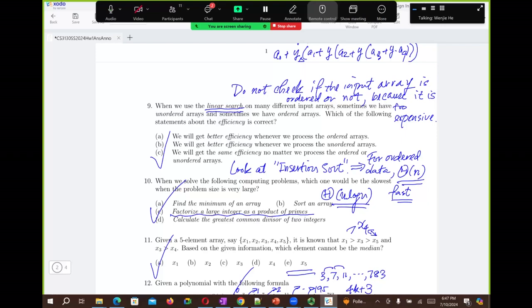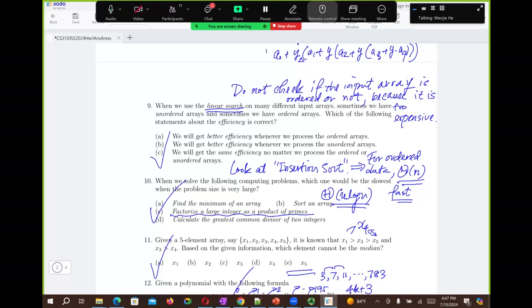Another question: why did we ignore x1 again? Oh yeah, I remember that question. The reason is we just need to find the second largest. So we ignore x1.